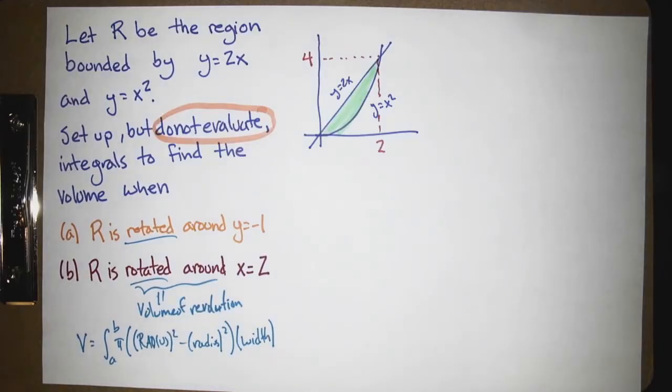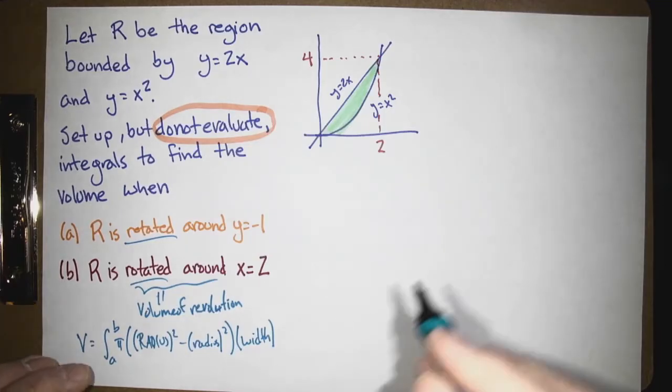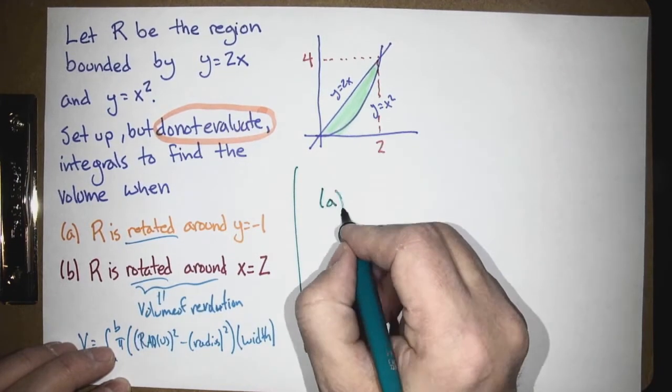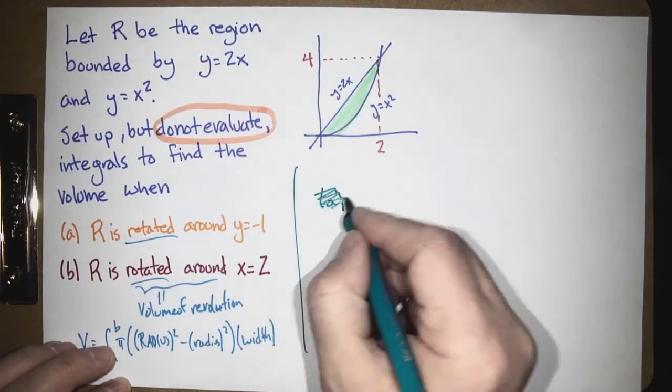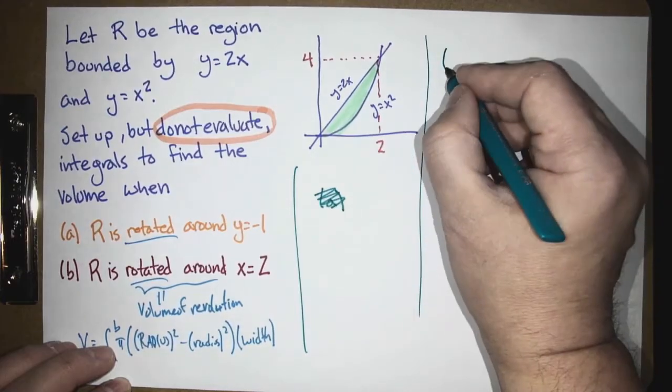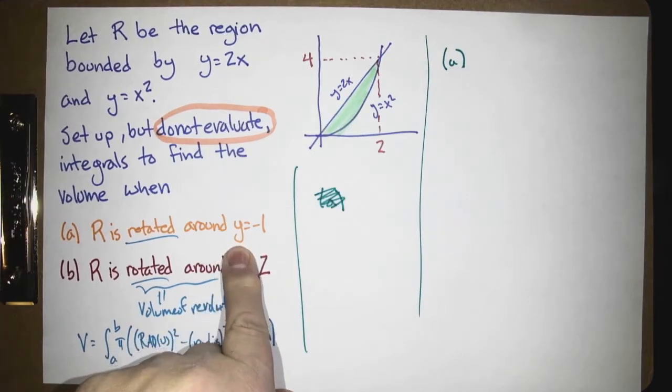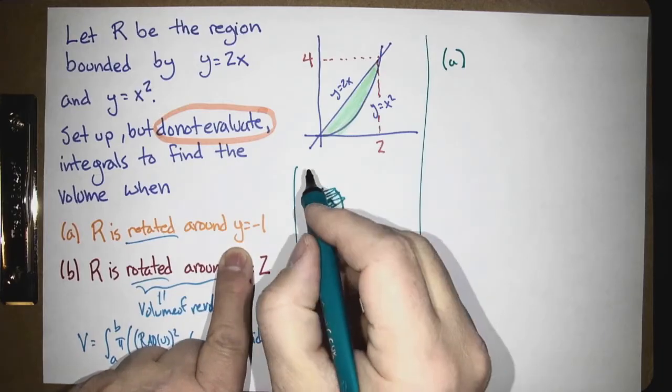Okay, so, two problems to do. Let's start with A. I'll just put it here, A. All right, where are we rotating around? We're rotating around y equals -1.